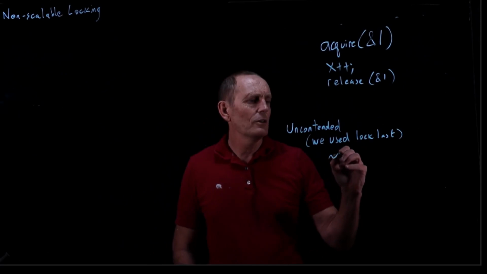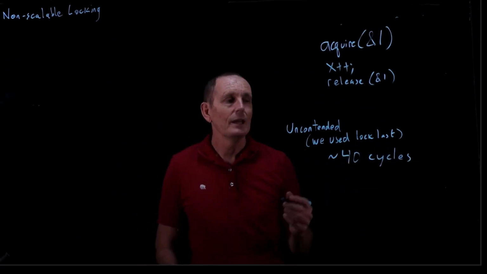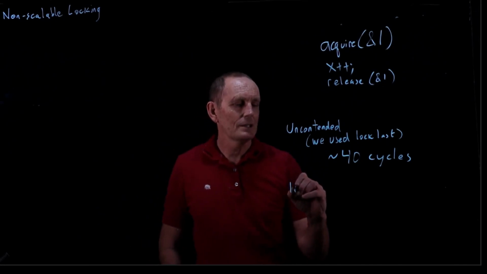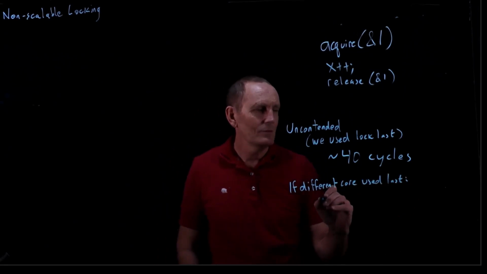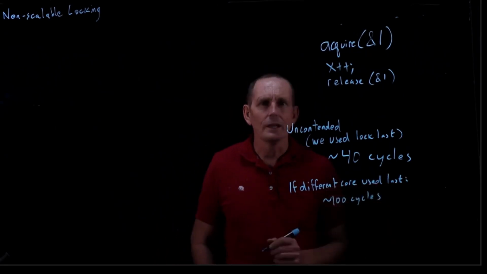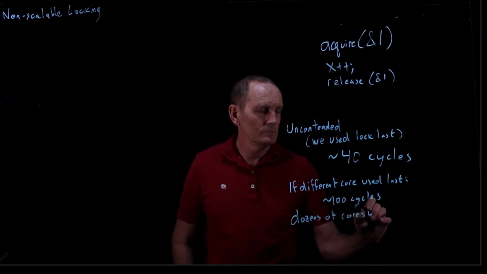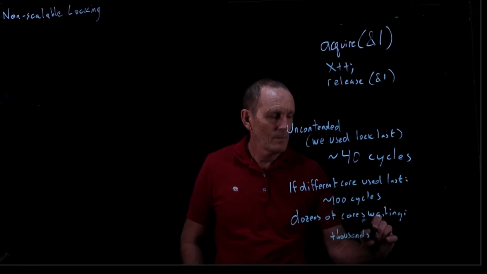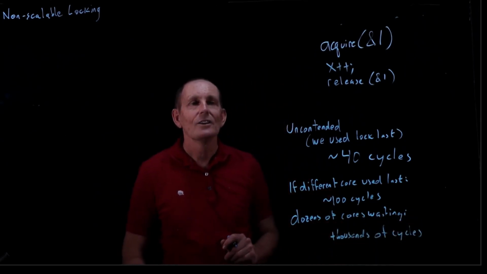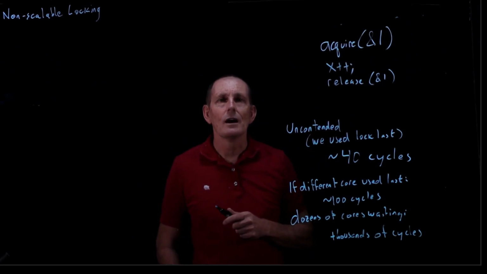So we're around 40 cycles, 40 nanoseconds basically. If a different core used it last, then our cost is going to be around 100. And then if we have dozens of cores waiting, our costs increase to thousands of cycles, just because of the order-n cost of doing our handoff.